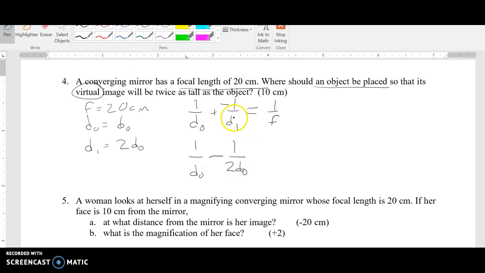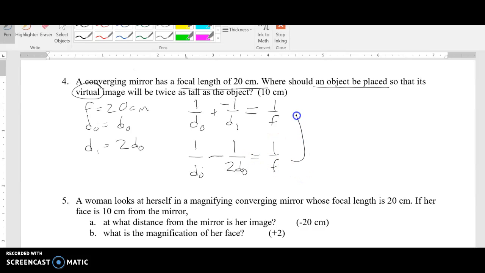Why am I saying that? I thought it was di. Oh wait, di is 2 dO. Why am I subtracting it? Because the image distance is negative because it's on the opposite side. It's a virtual image. It equals 1 over f.